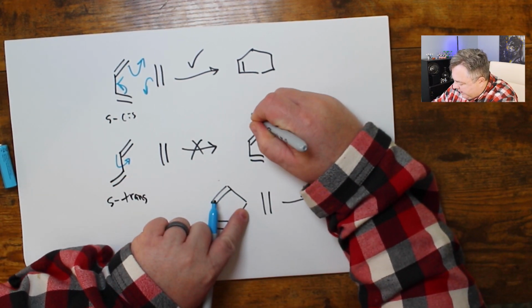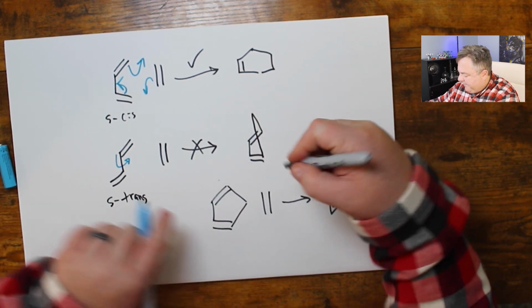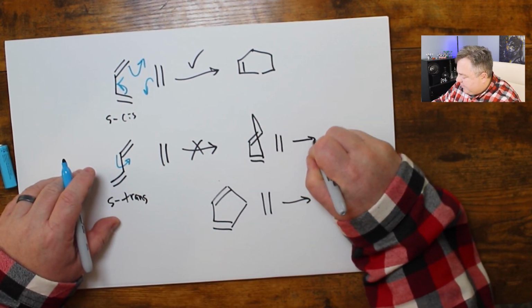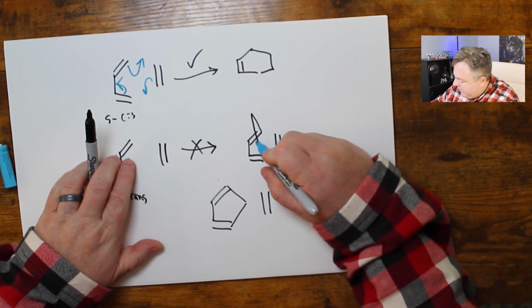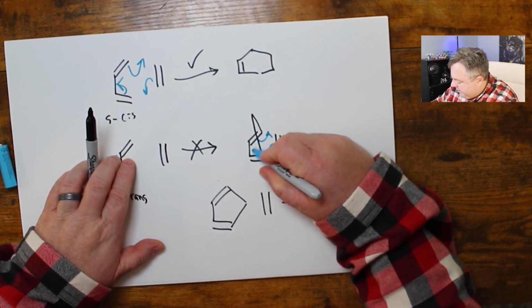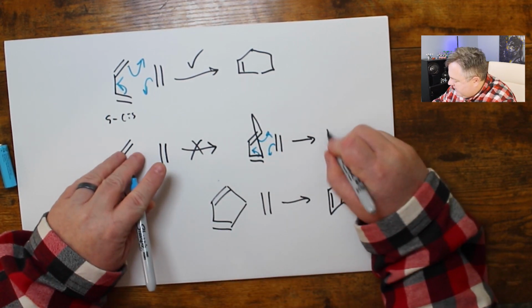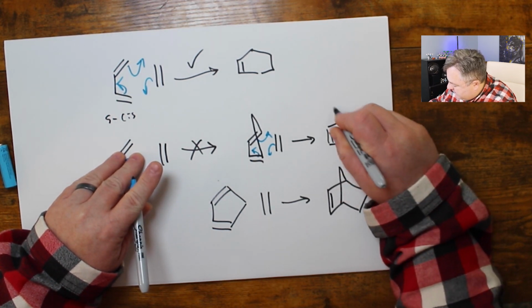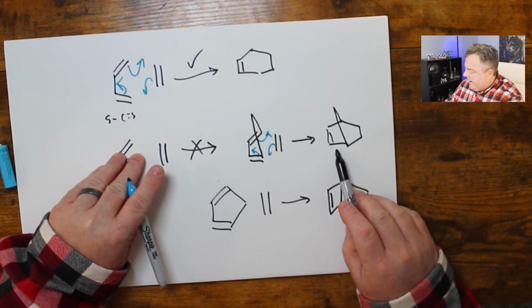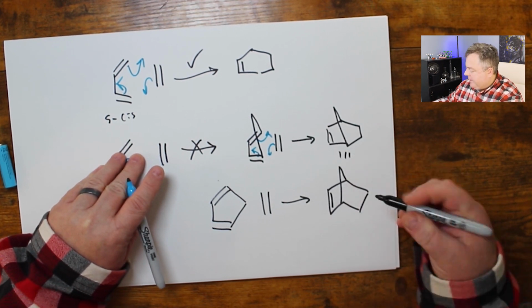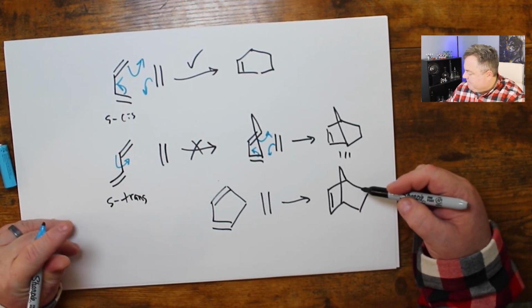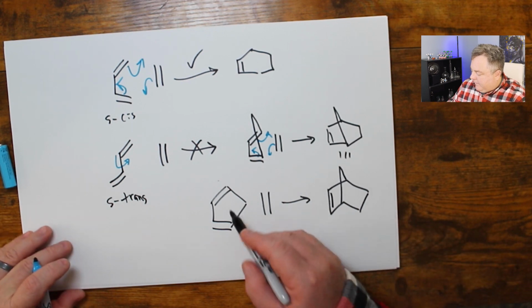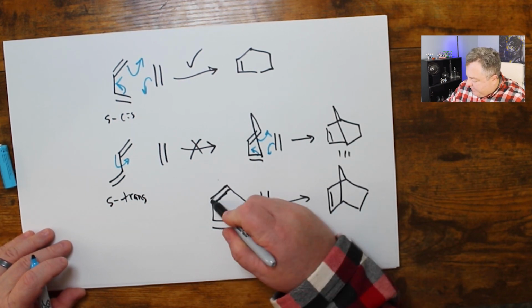Let me take this point and just push it up higher. Then I react with my double bond. Zip, zip, zip. And that makes this, which is the same thing as that, a bicyclo compound. So we like these to be on the same side.